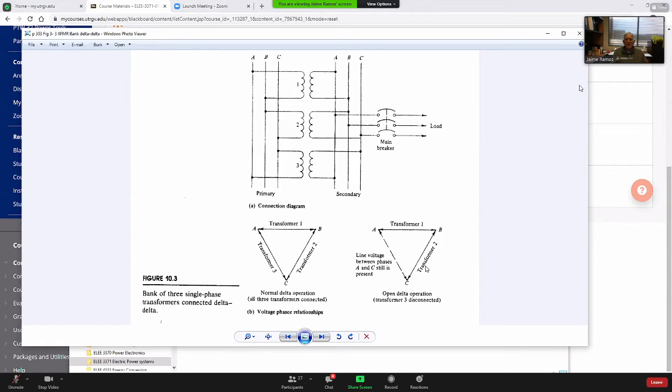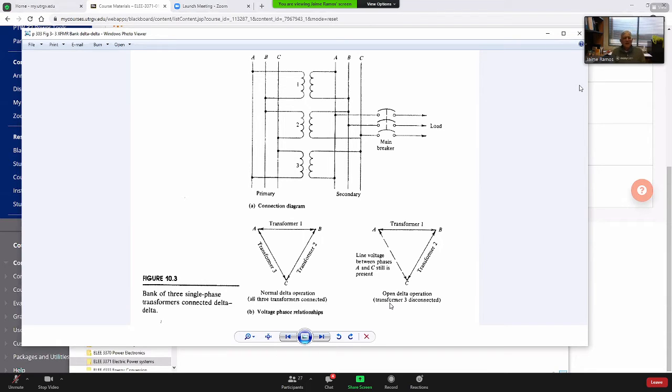This connection is called open delta operation. With 2 transformers, we can sustain the 3-phase system. For the secondary, the load will be looking at 3 phases, even though the 3rd transformer is gone. However, it will not be able to deliver 100% power. There'll be a penalty. It will go down to 57%.